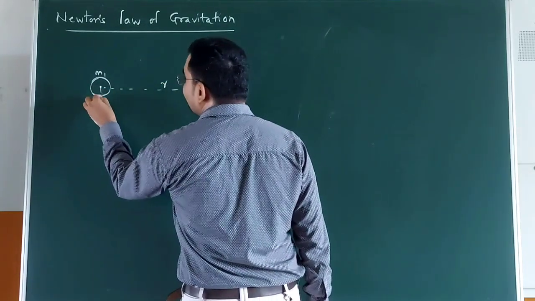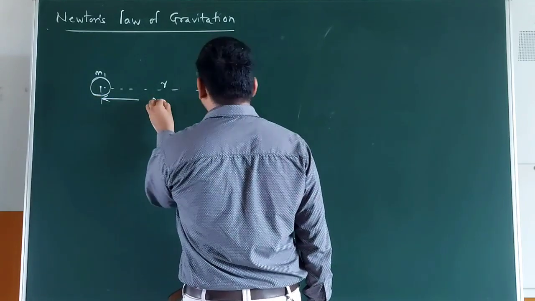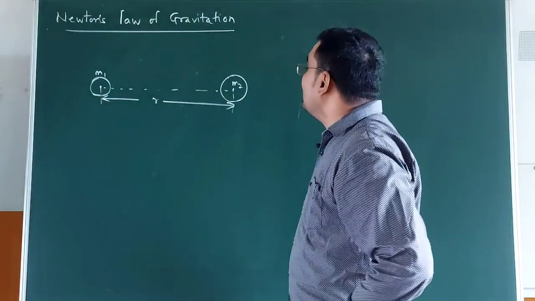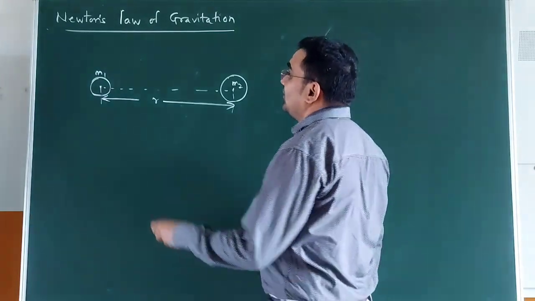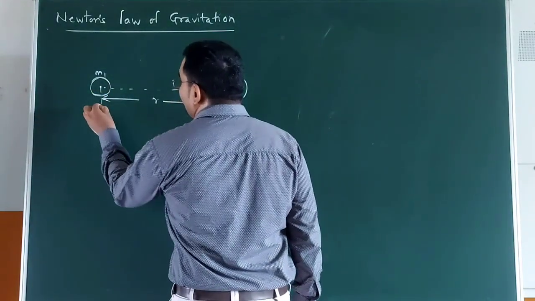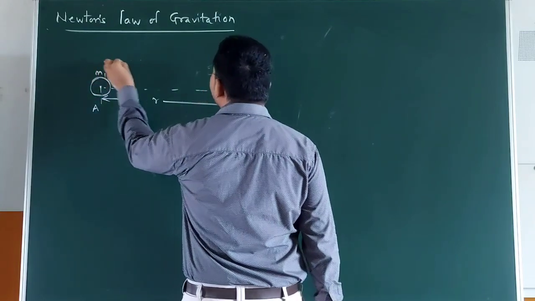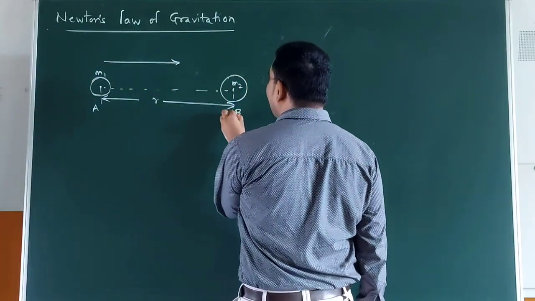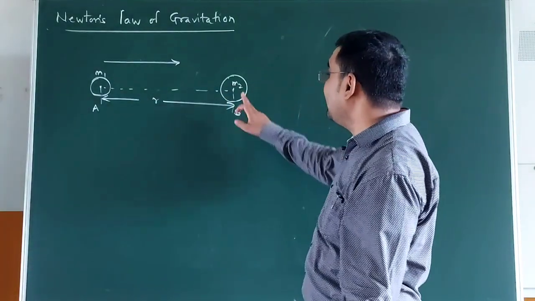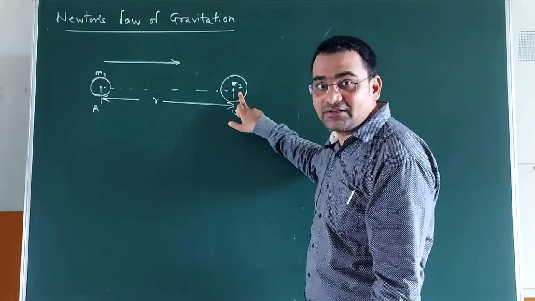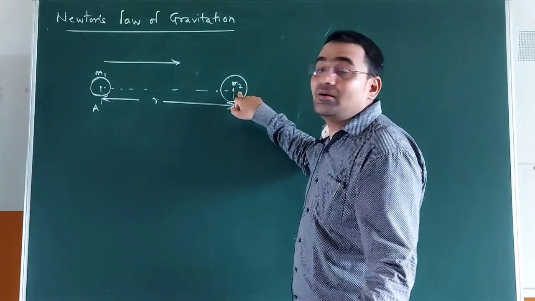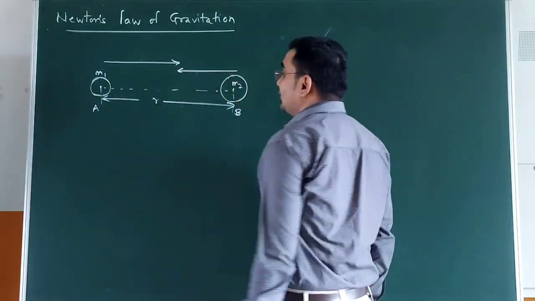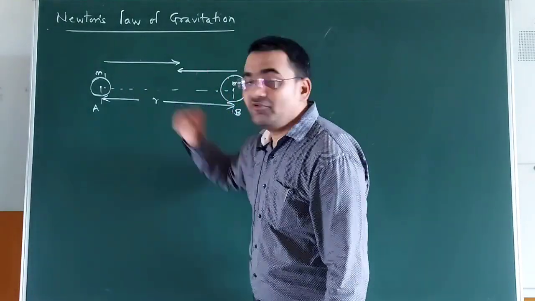Now what Newton wants to say is, object A of mass m1 will exert a force of attraction on object B of mass m2. At the same time B will not remain at rest, it will also exert force on the object of mass m1.